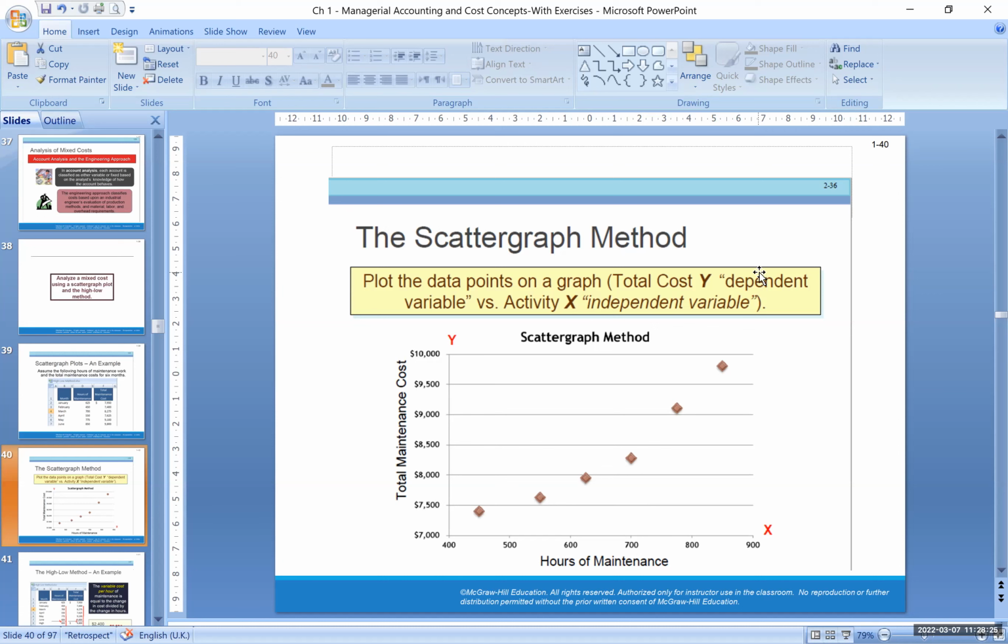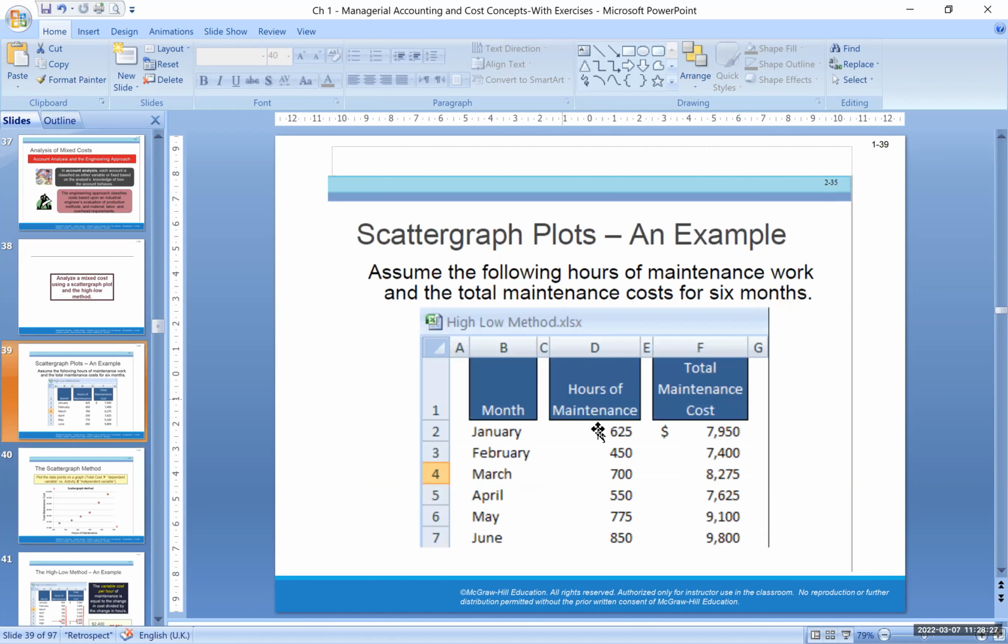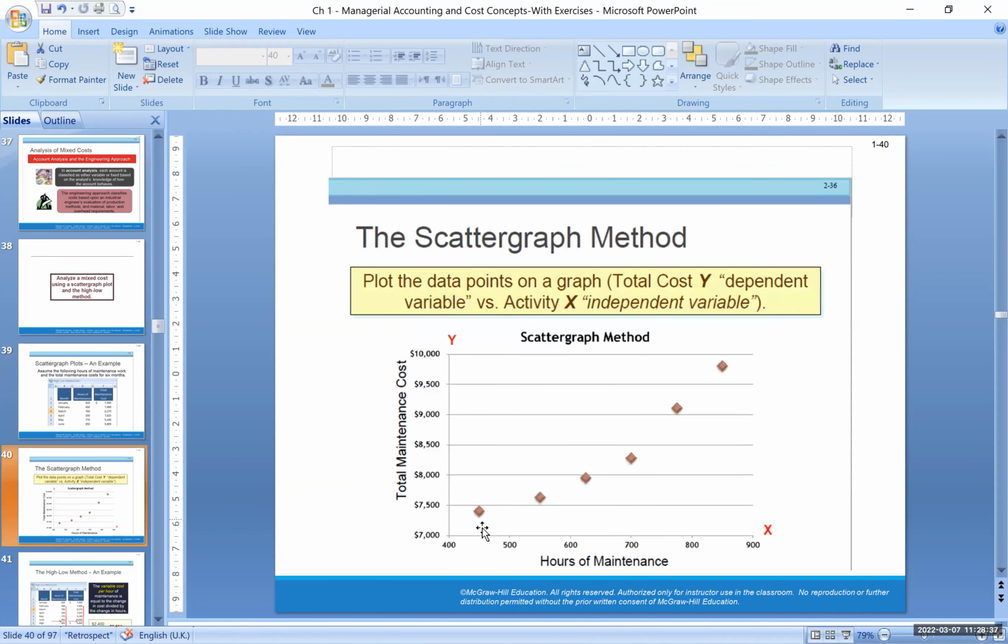So go back to the first plot. We will see the minimum, 450 with $7,400, and we need the first plot here, 450 with the 7,400.